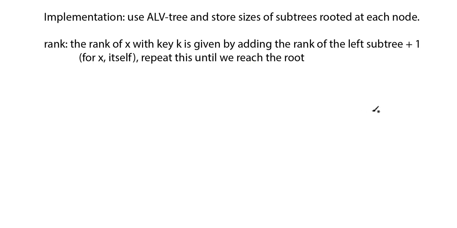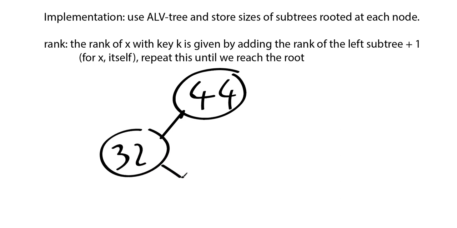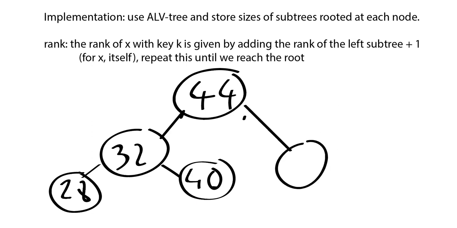Now let's say we have some kind of example. Let's build some random example. 32. This is going to be 40 here. This might be 28, right? Here we have 60, and we have 50 here.